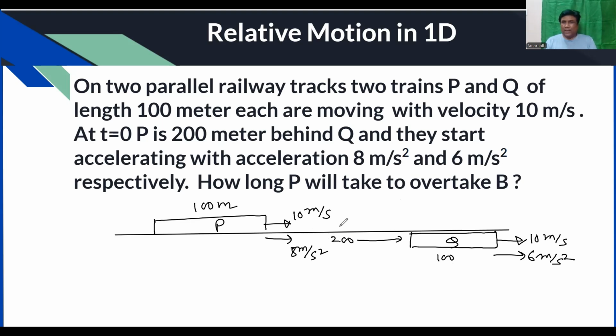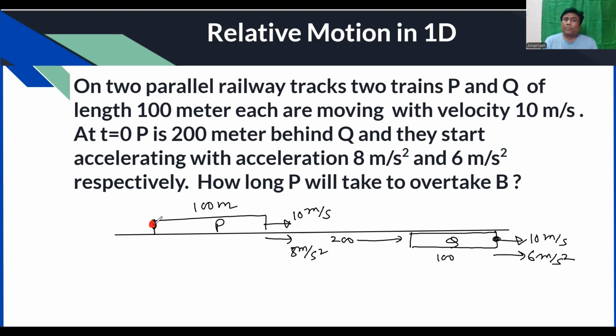So when can you say that P is overtaking Q? Remember, only when the tail of P overtakes the head of Q. Do you agree with me or not on this point?